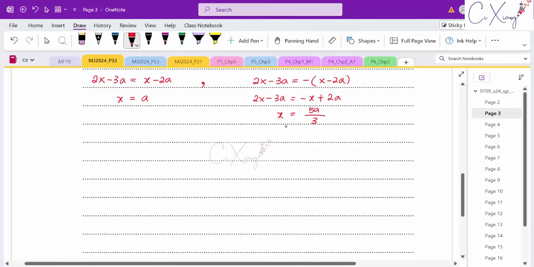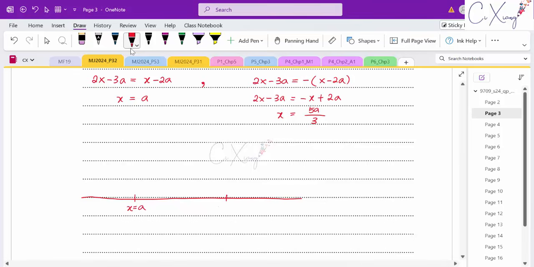What I'm going to do is check the values part by part. So part by part means x equals a, and x equals 5a over 3. So I separate into 3 different parts here.